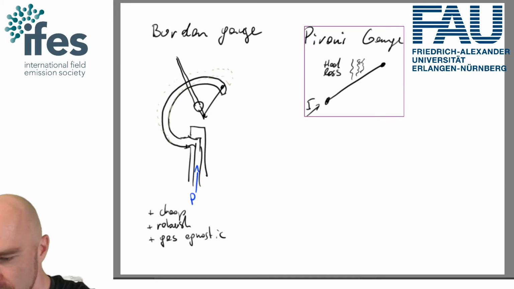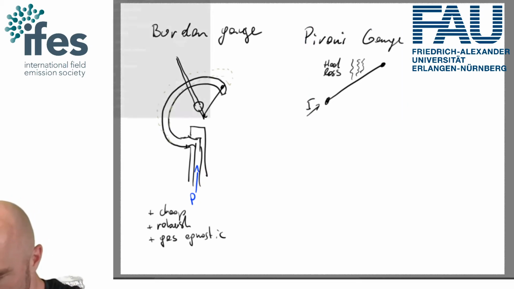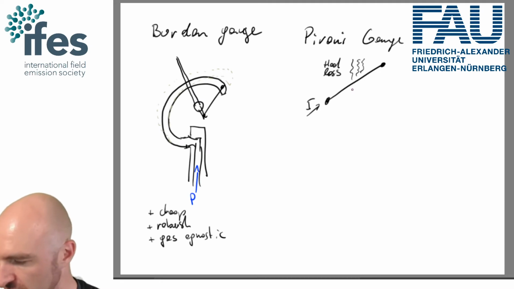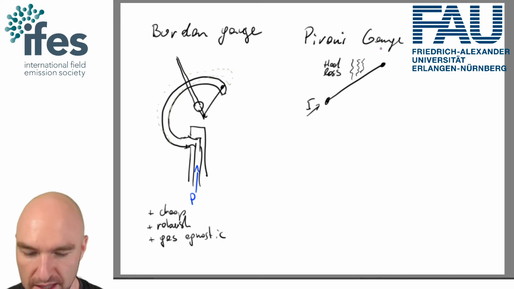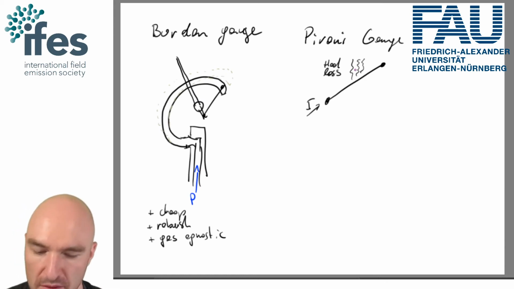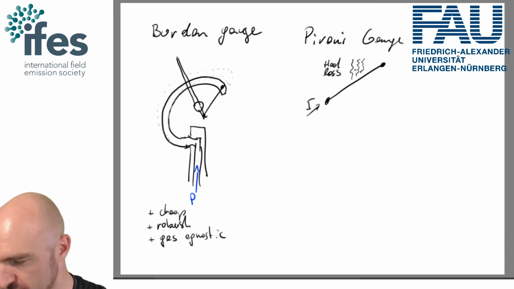So Pirani gauges just have some loss in there, but you can already see that obviously this is no longer gas independent, because different gases have different convective properties. They have different heat capacitances.